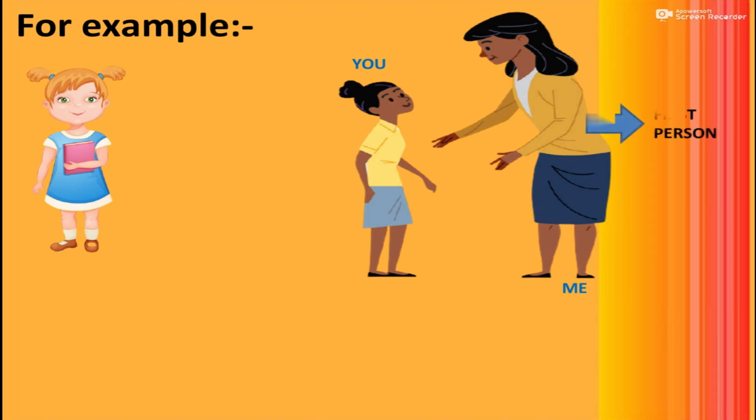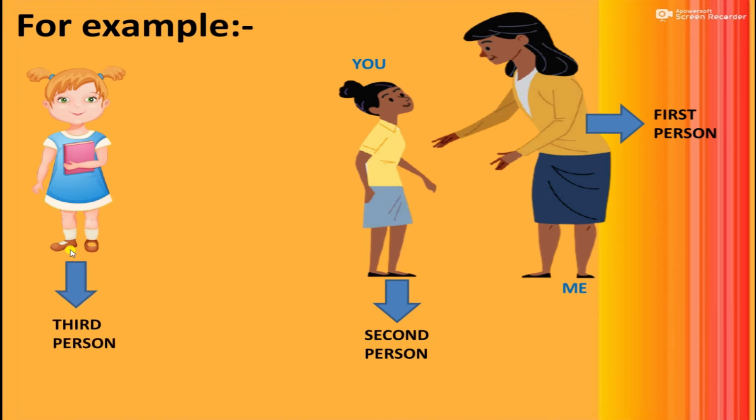Yes, I. So I am the first person. And who am I talking to? I am talking to you. So you are the second person. And we both are talking about whom? Yes, we both are talking about this girl who is standing far away. Can you see her? So she is the third person.